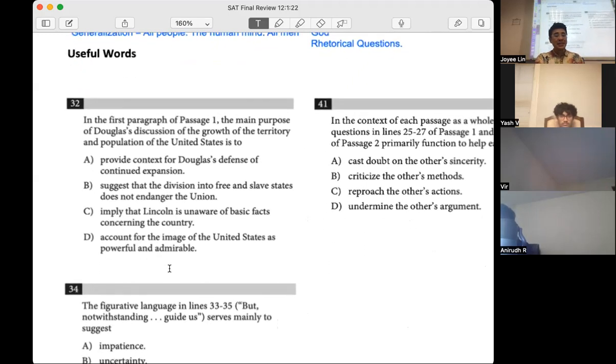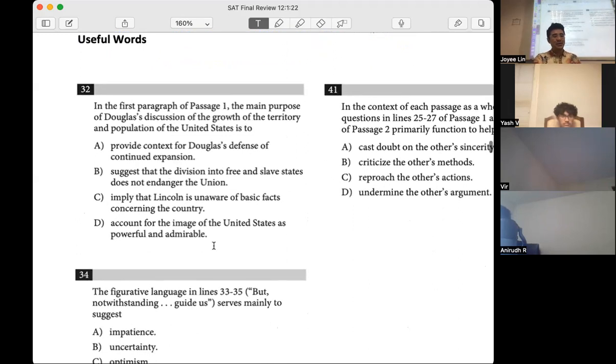Okay, so given that, what do you think the best answer for 32 would be here in the context of the first paragraph? What is the main purpose of his first paragraph? It could be A, but we just talked about how these passages start, right? It could be E. Which one?